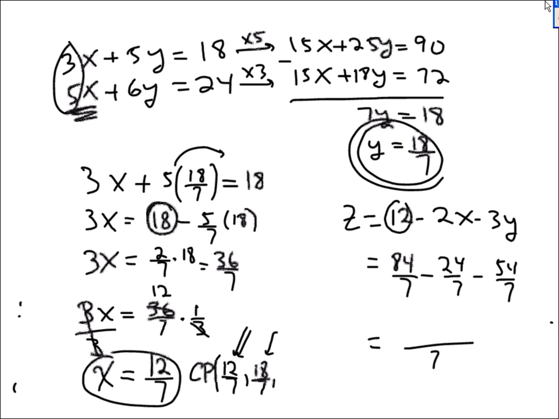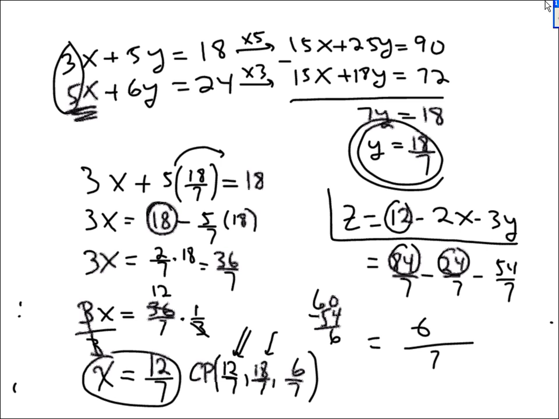So everything's over 7. 84 minus 24 is 60, and 60 minus 54 is 6. So that's what z equals. And there's your point. That's the closest point on the surface to the point 0, 0, 0, the origin.